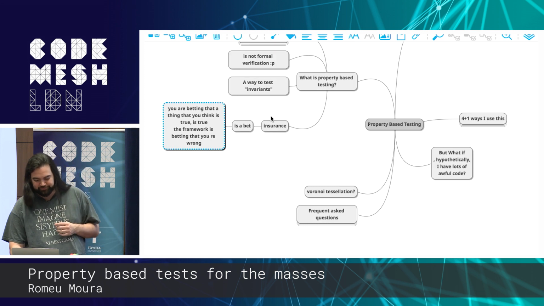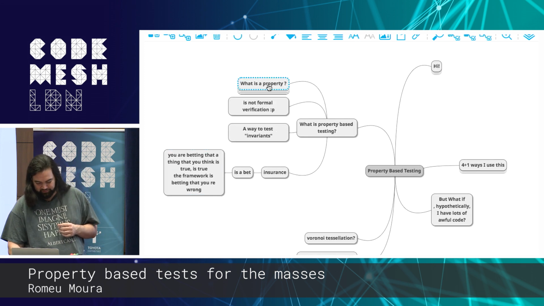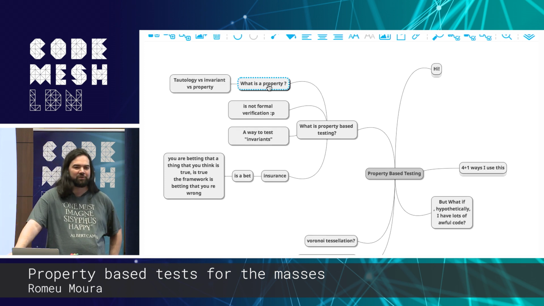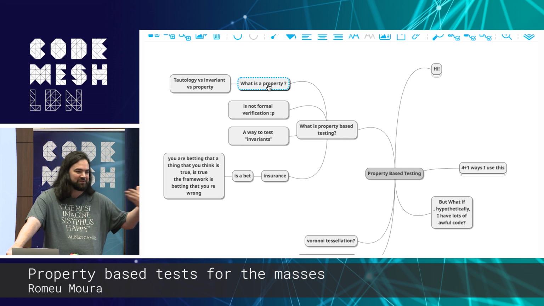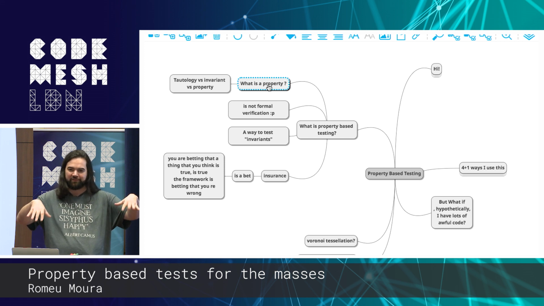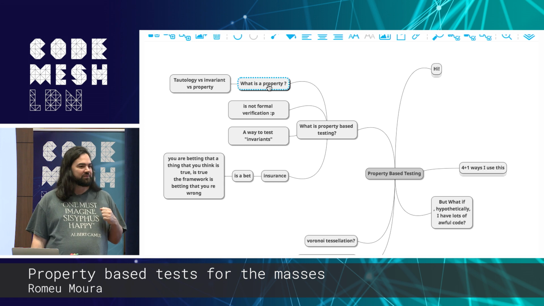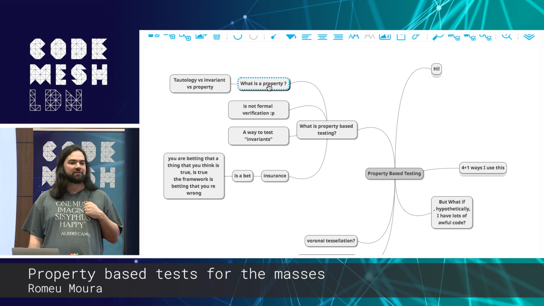So, let's talk about properties, right? Why property-based testing? So, three little words I will insert into this discussion. They will not have formal definitions in this discussion, because this is beside the point. I will just give a working definition here, okay? Tautology, invariant, and property, okay?